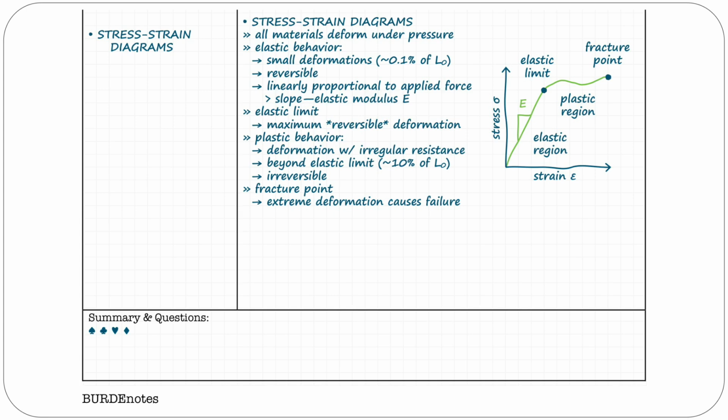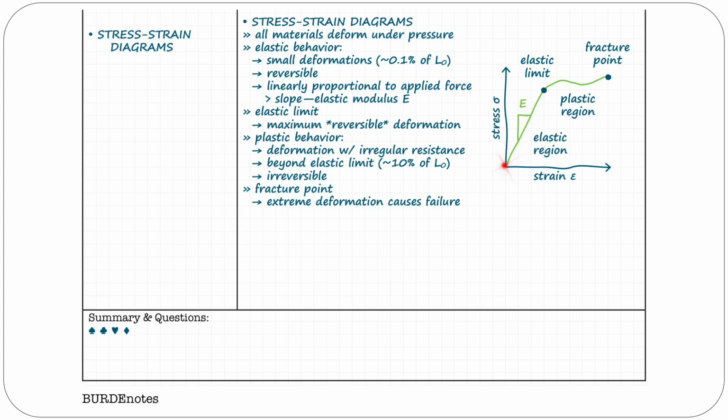We can explore stress and strain using a stress-strain diagram. What we do is we apply a stress, apply a force over the surface of the object, and we measure the strain as a result. We have reversible deformations that are linearly proportional to the stress in what's called the elastic region.